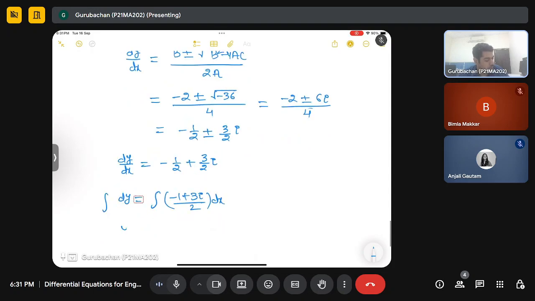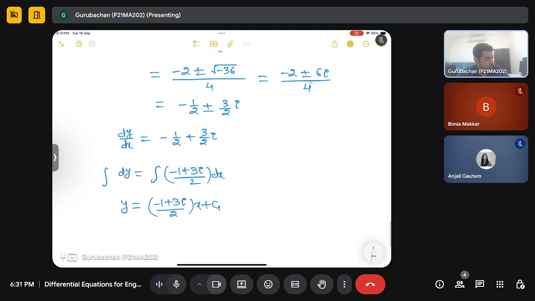So this will give us y equal to minus 1 plus 3 iota divided by 2 into x plus c1. From here you can moreover simplify it like this: y plus 1 minus 3 iota divided by 2 into x equal to some c1.